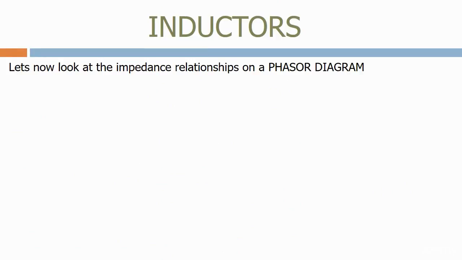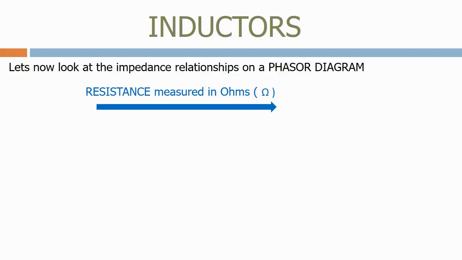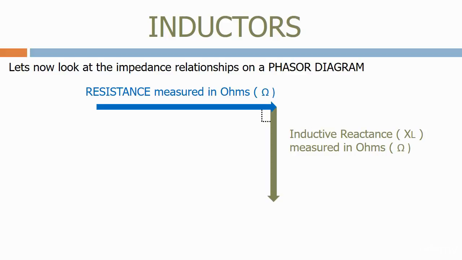Let's now look at the impedance relationships on a phasor diagram. First we have the resistance, measured in ohms. Let's make a horizontal vector as a reference point. Next we have the inductive reactance XL, also measured in ohms. It's 90 degrees away from the resistance vector. And finally we have the impedance Z, also measured in ohms.